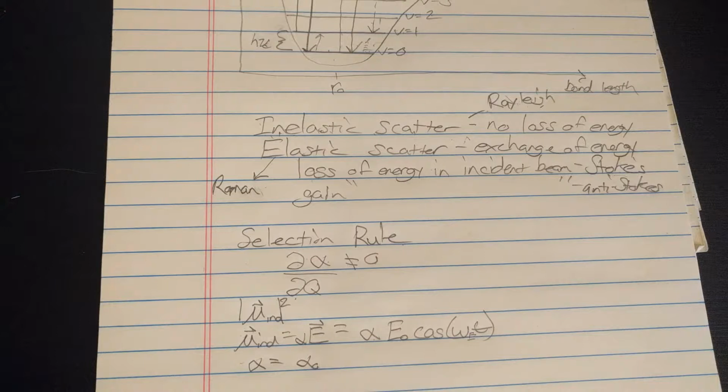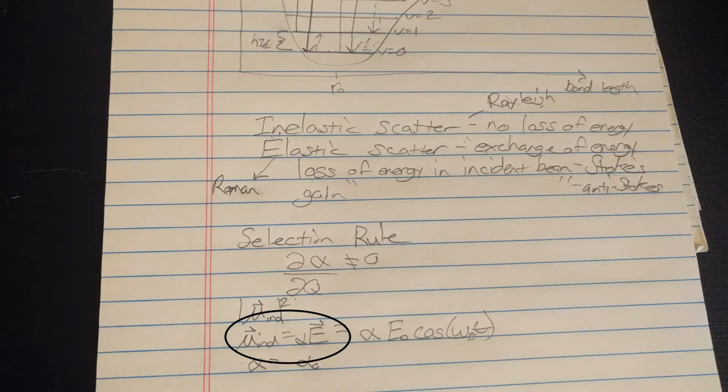And I'll sort of explain why. The Raman scattering intensity is proportional to the induced dipole moment squared, or the square modulus of the induced dipole moment. And the induced dipole moment is equal to your polarizability times your E field.